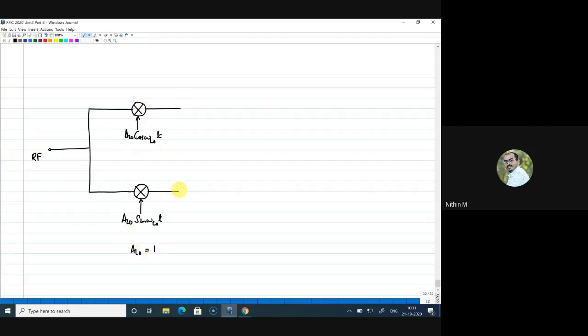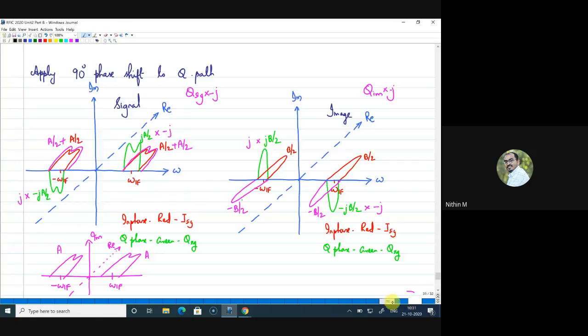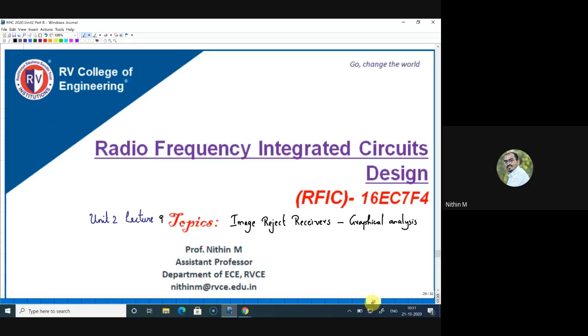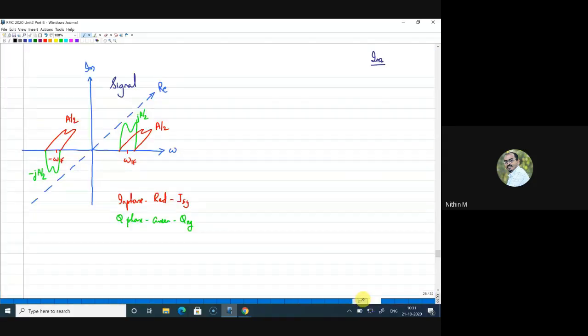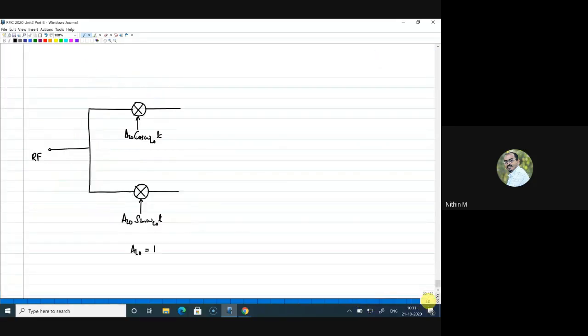Now when you perform this operation, if you remember, you will end up with two frequencies. Since it is a mixing operation, you will get two sets of frequencies. So we have to do a low pass filtering operation here so that the sum components can be removed. That we haven't explicitly shown in the diagram.